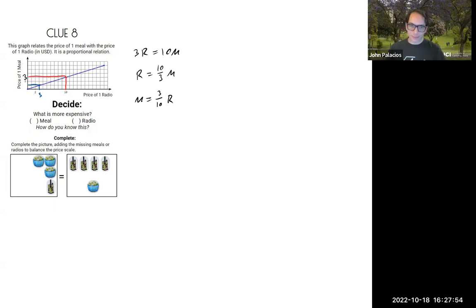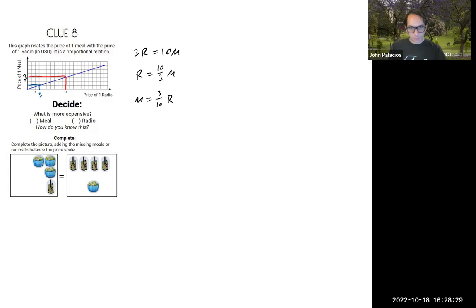So in similar reasoning to clue number 7, we can say that the price of a meal is less than the price of the radio, because the price of a meal is 3/10 the price of a radio. And again, slope, rise over run discussions might be helpful in discovering this. And if you choose a vertical value of 3, the horizontal value of 10, it's easy to draw this on the graph with your students, and maybe they can see this as well.